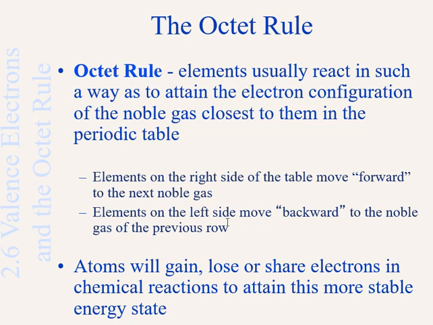What about sodium? Sodium with 11 electrons is on the left side of the periodic table and it will move backward. It needs to move only one step to look like neon. It will lose one electron, and when it loses that electron it will have 10 electrons, which gives it the noble gas configuration of neon.